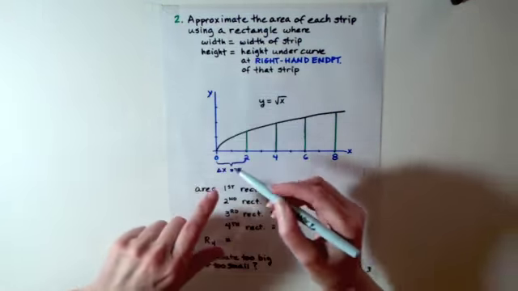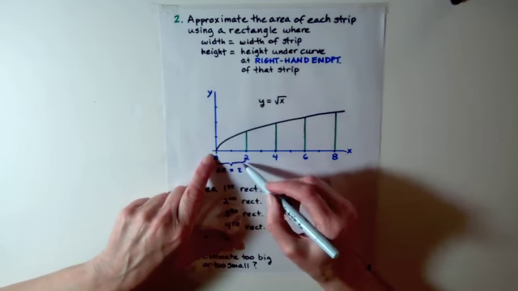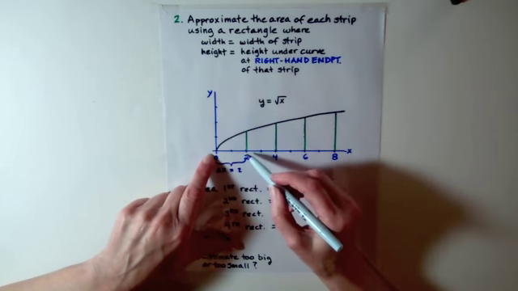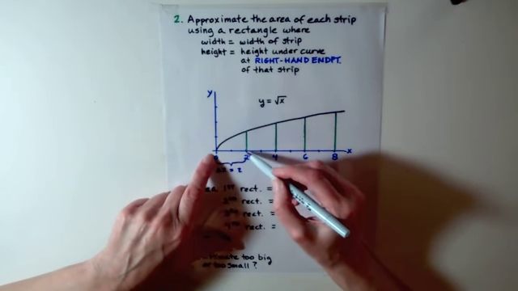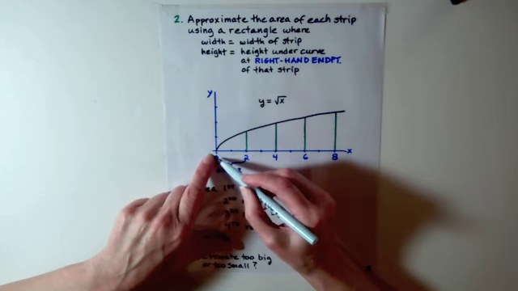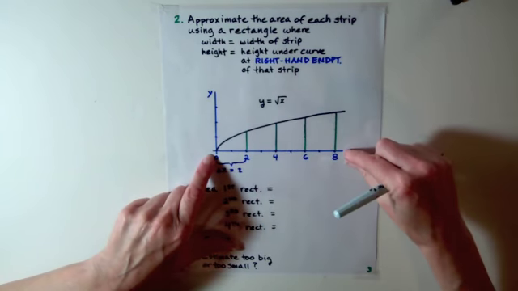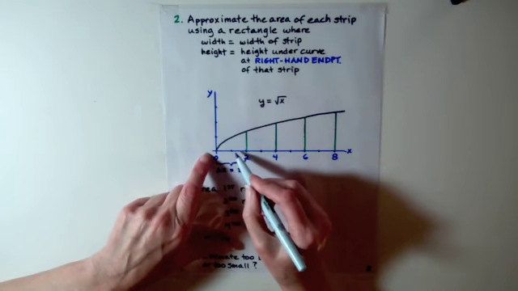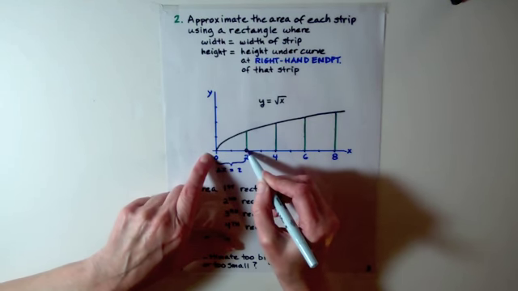Okay, so what do I mean by that? I'm going to concentrate on this first strip. Its width is 2, and I'm going to create a rectangle that has the same height as the height under this curve at the right-hand endpoint of that strip. We sometimes call this interval here a subinterval. It's a subinterval of the interval from 0 to 8. So we have all these x values from 0 to 2, and I choose the x value that's at the right-hand endpoint of that subinterval.